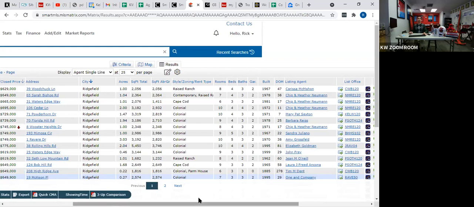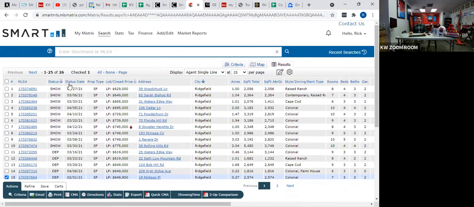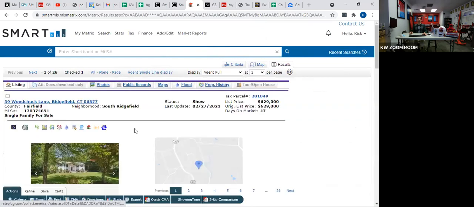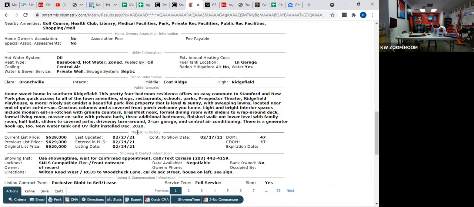However, the simple reality is you can go through here and see one by one, yes, I said one by one. This came on the market on the 24th of February and went to show on the 27th. So even though this says days on market 47, it was really on the market for 3 days before they accepted an offer, right?